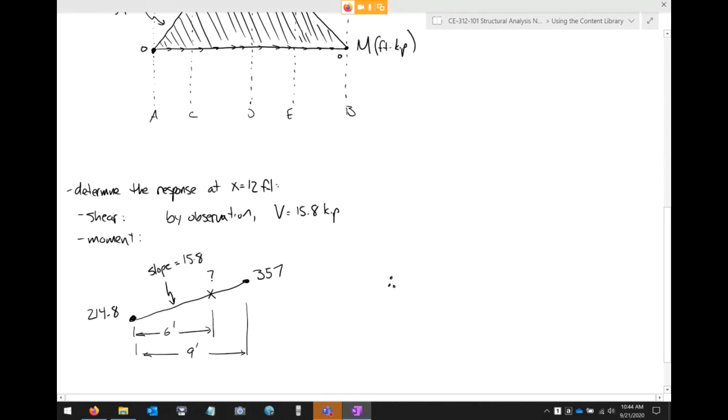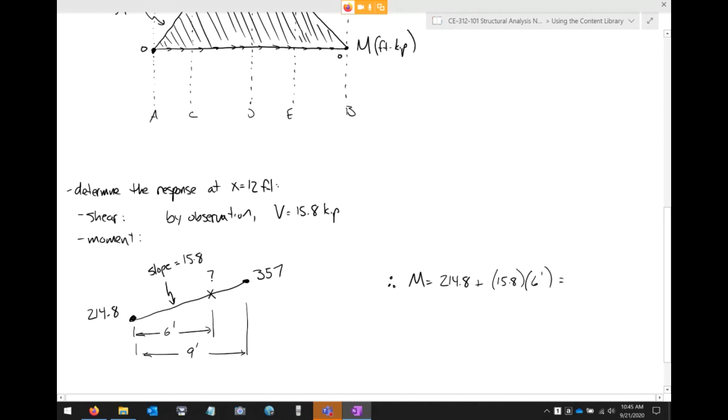Therefore, you want to know a simple way of determining what that value is? What is slope? It's just rise over run. So just take 214.8 plus the slope times the run. The slope is 15.8. The run is 6 feet.